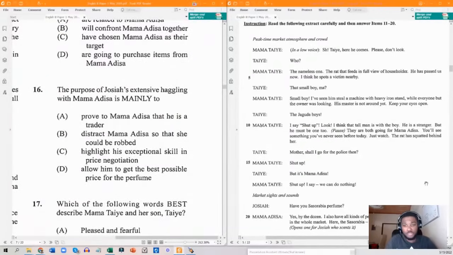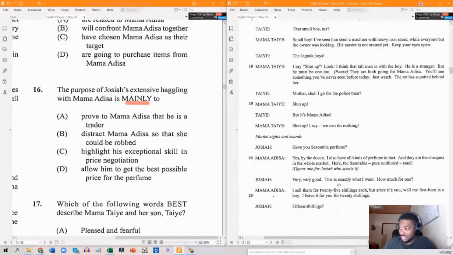16, the purpose of Josiah's extensive haggling with Mama Adisa is mainly... When you see a word in all caps, it's important to realize that there might be more than one possible answer, but you're looking for the best, the number one answer. So what is the main purpose of the haggling? Haggling meaning the bargaining.